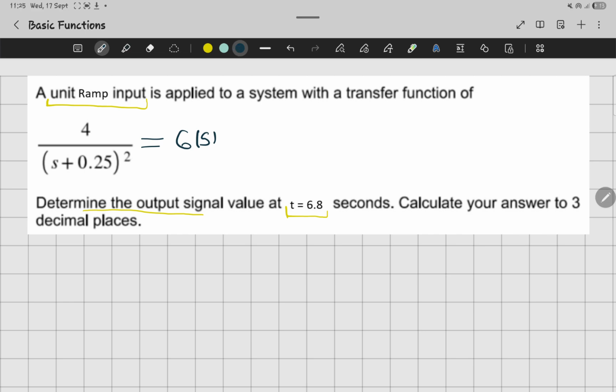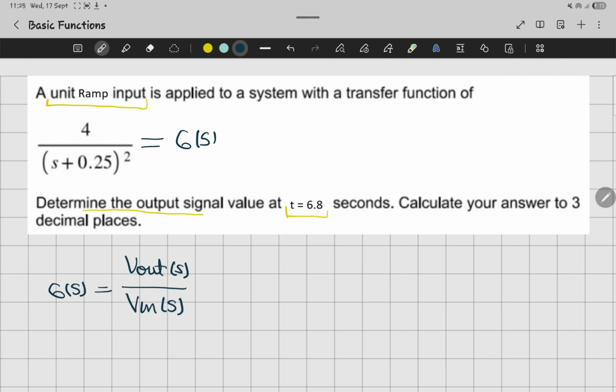So in this series we have a unit ramp, and then we got our transfer function, and we know our transfer function equals V out, the output, over the input.